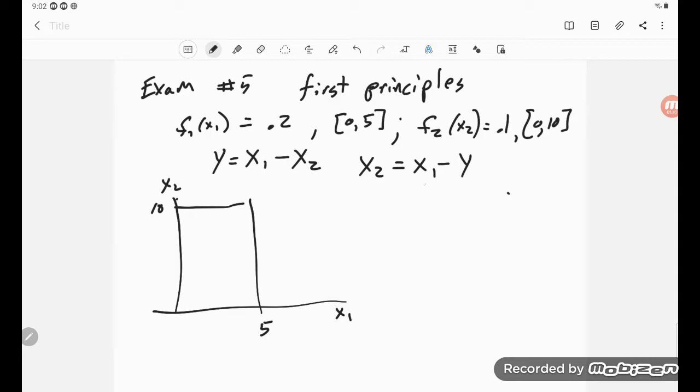Okay, and this line is heading through here like this, and the y-intercept here at any given point is, pull this down here, at negative y.